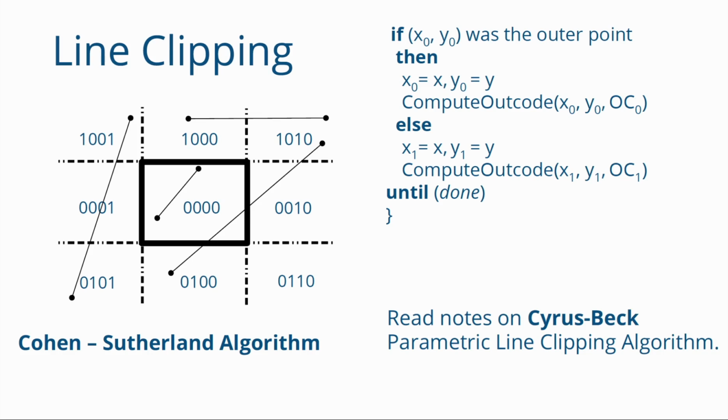But there are cases where you might specify a line by giving 1 point and a direction through that point and some parameter along that direction. Okay, so that is a parametric form of the line. So when a line is given in the parametric form, Cyrus-Beck is a good algorithm for line clipping. It is not that difficult to understand, and if you read the written notes that I'll make available, you should be able to understand Cyrus-Beck reasonably easily.